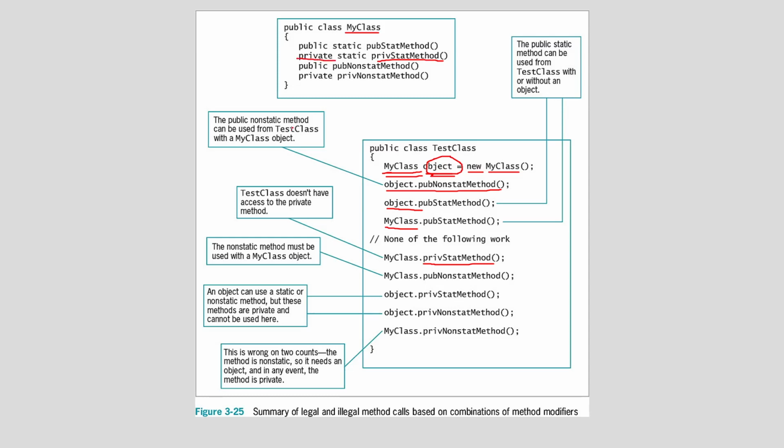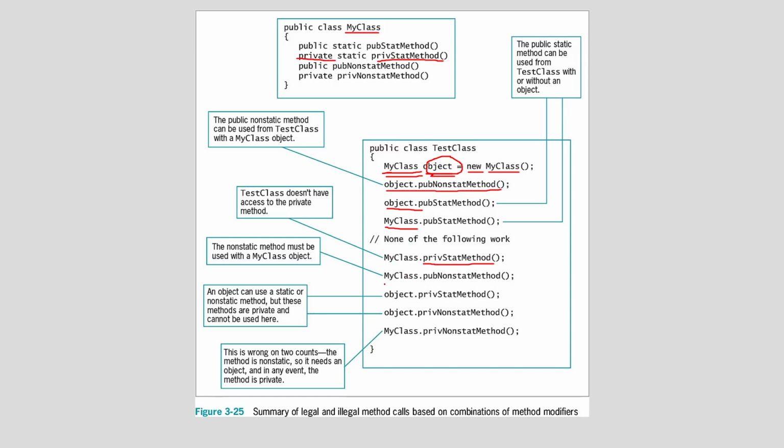Take note, the private modifier is only private within the class. It will not work since the test class doesn't have access to the private method. Since it's declared private, the test class is not allowed to use the private members of any class. So it's illegal. It will not work here.